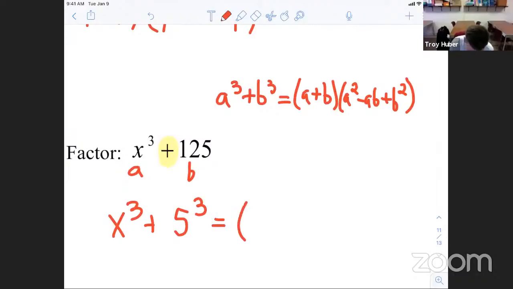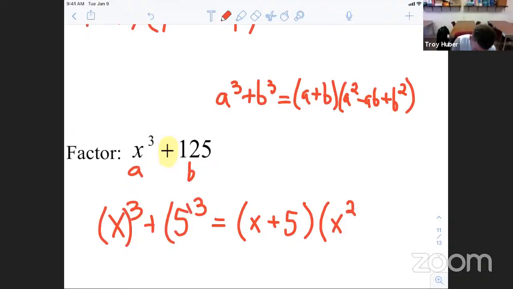So we want a, which we said is just that x value, plus your b value, which in this case is 5. a squared would be x squared, because this is our a and this is our b, minus a times b, so that would be 5x.